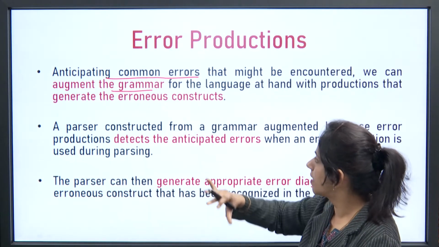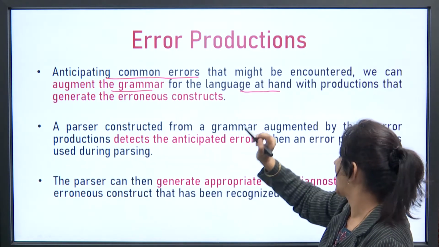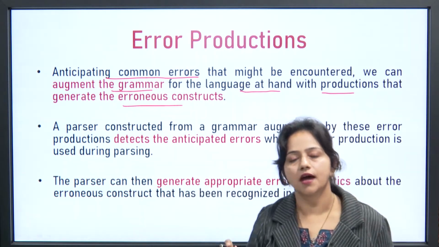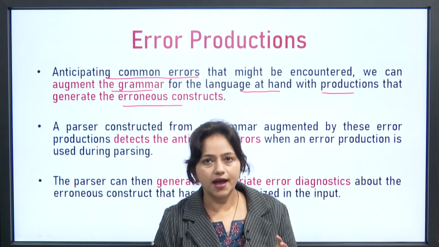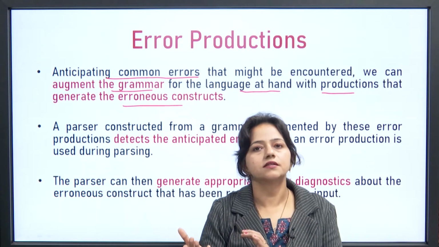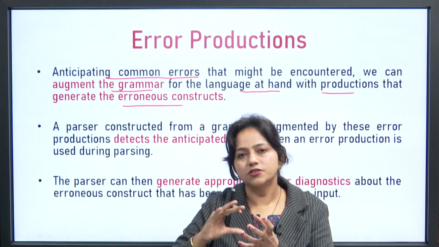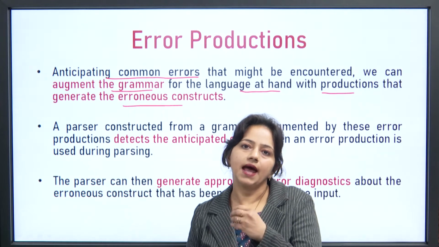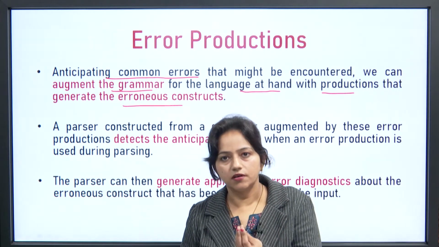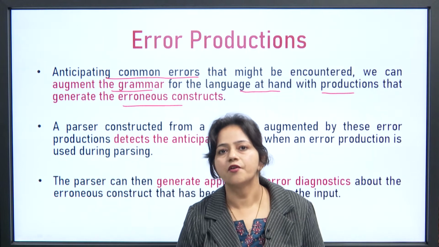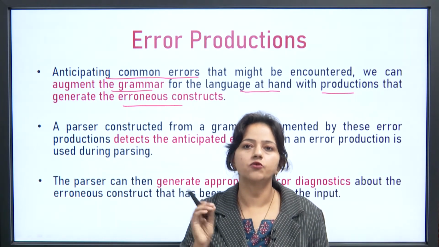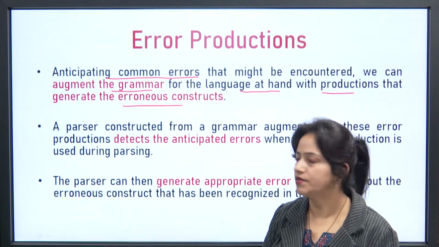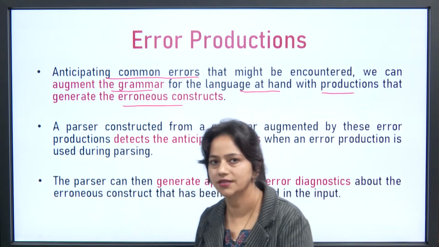We augment the grammar for the language at hand with productions that generate the erroneous constructs. We write the grammar for those erroneous constructs and add them to the grammar, and that is the augmented grammar. We will see how we use it in today's class only.